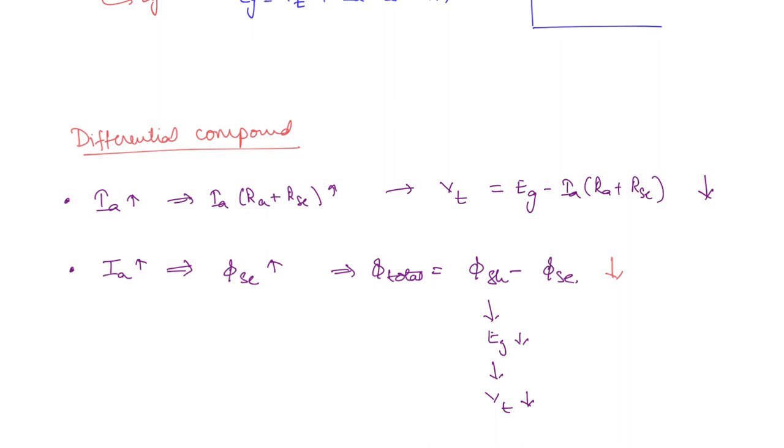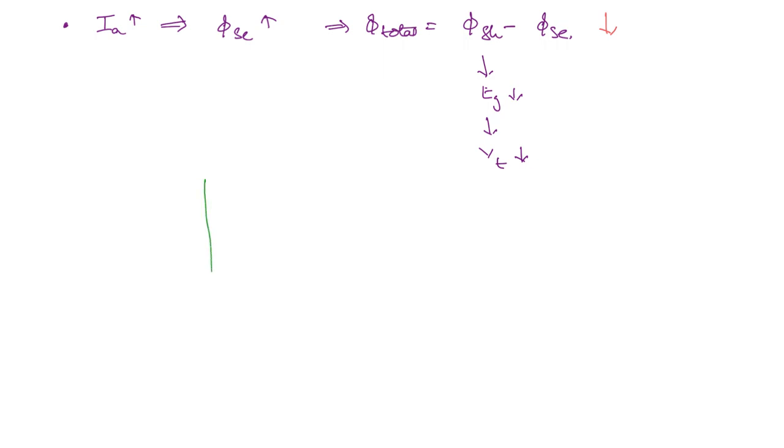If Ia is increasing, then both these will lead to the same effect, which is the decrease in the terminal voltage. So the characteristic you can draw, this is the terminal voltage and this is the armature current. Now the characteristic, it is going to just simply fall, fall very drastically. So this is the differential compound generator.